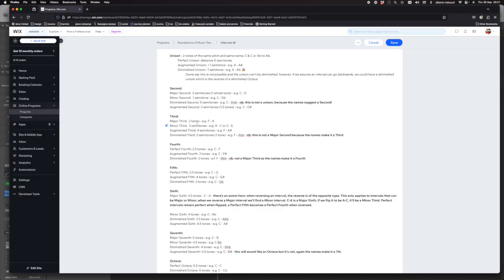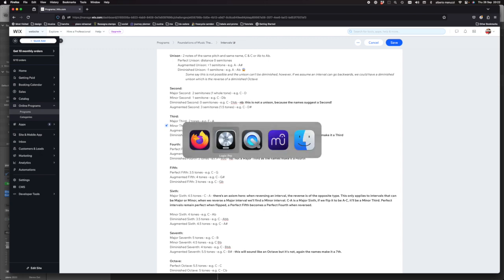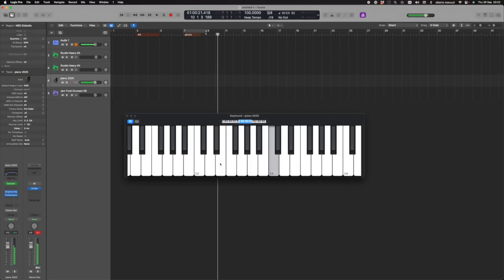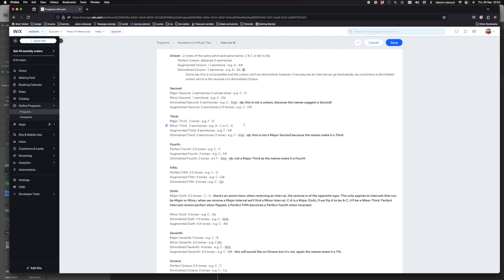So we wanted a minor third, so 3 semitones, but we have to call it E. So 1, 2, so we're gonna call it E flat. Okay, these black keys are both D sharp and E flat. So a minor third is C to E flat, or also C to E sharp.